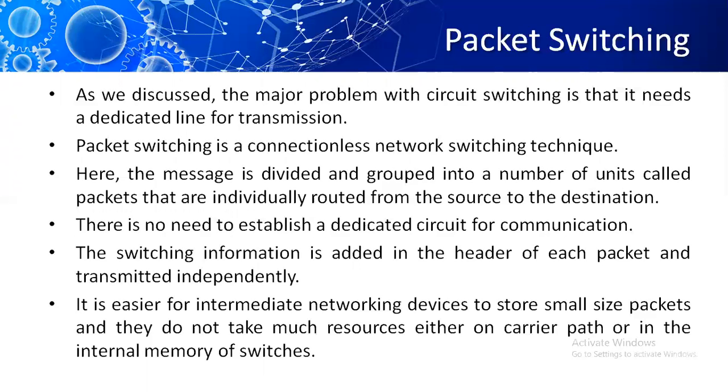Each packet travels independently. There is no need to establish a dedicated circuit for communication. While transmitting the data, the switching information is added in the header of each packet and transmitted independently.